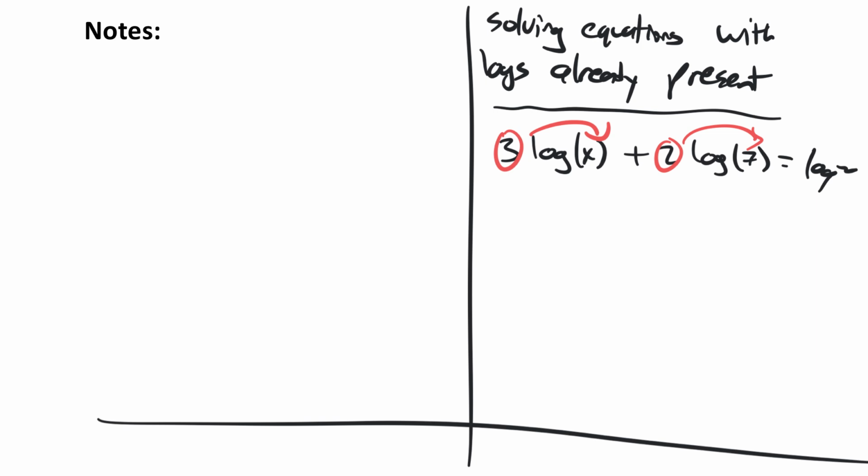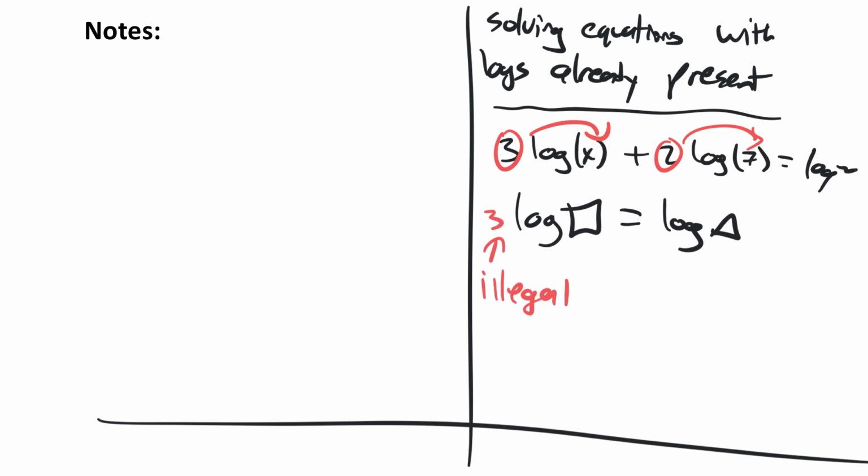In the end, you just have to have log of something equals log of something else. There can't be any numbers here. That would be illegal. You have to get that 3 up to the exponent, so it's just the log before you can drop the logs.